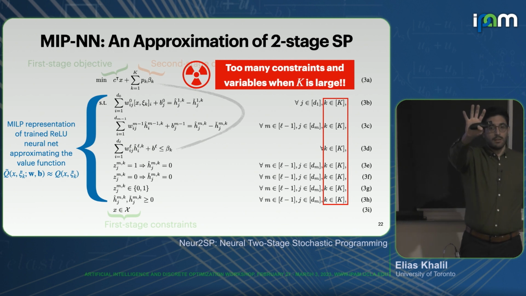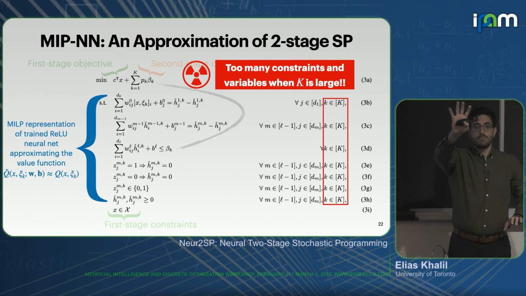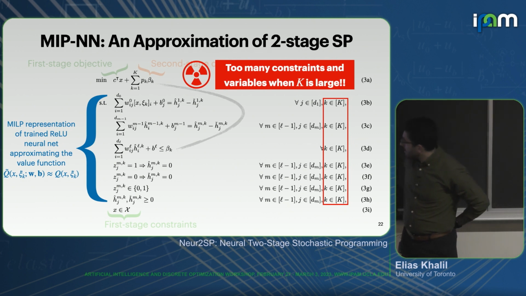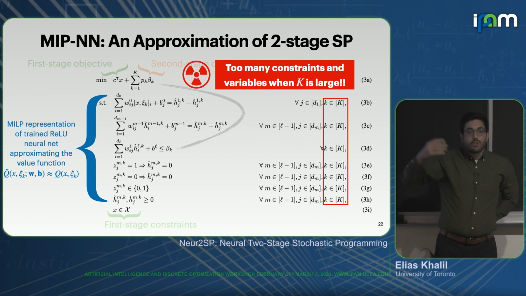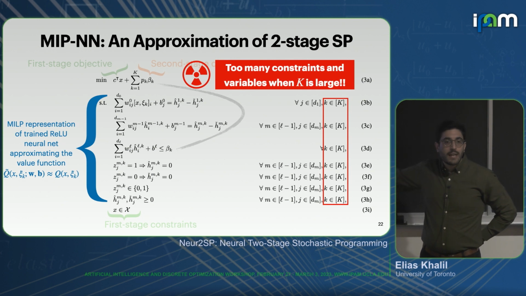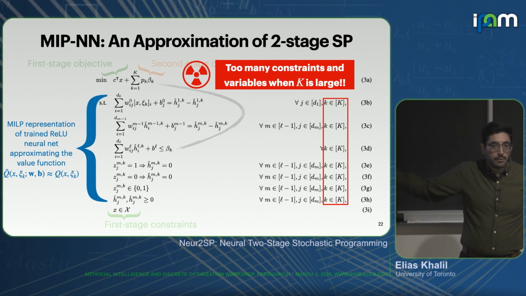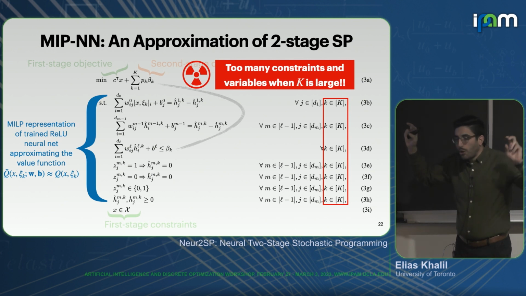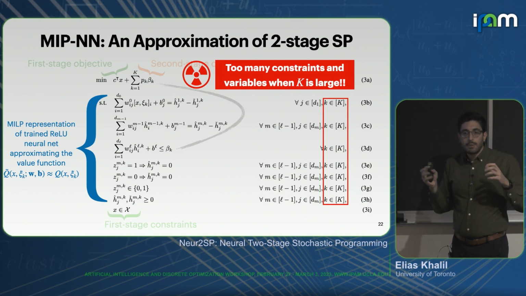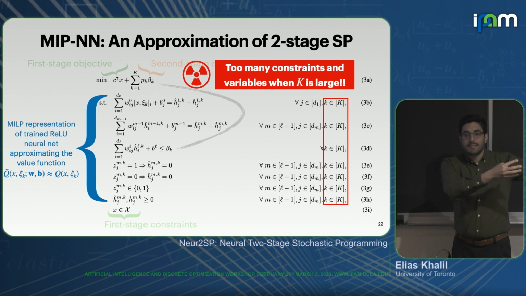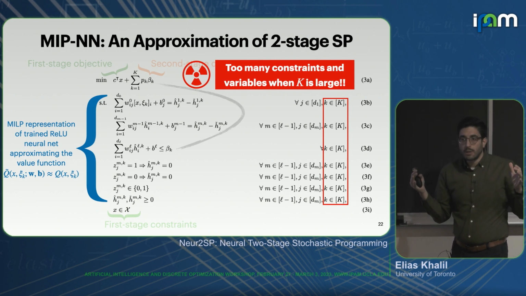It's one neural net being applied to k scenarios, okay? So then your number of constraints and variables grows. It grows linearly, but if k is 10,000, it might be a handicap, right? And now your approximate problem might be of size comparable to the original SAA extensive form, which is the exact formulation of the problem. And that's no good, right?